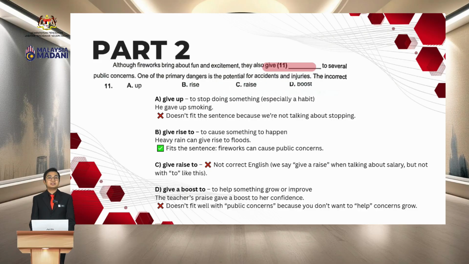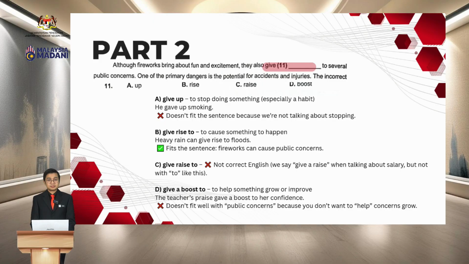This does not fit this sentence because we are not talking about stopping something. For B, that is the correct answer because give rise to means to cause something to happen. So this fits the sentence as fireworks can cause public concern.